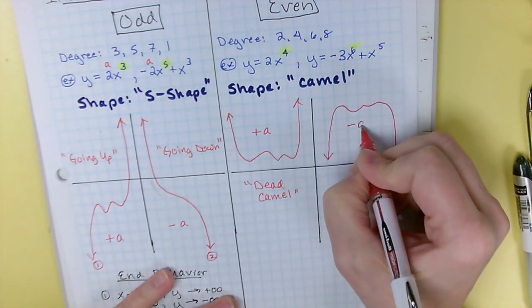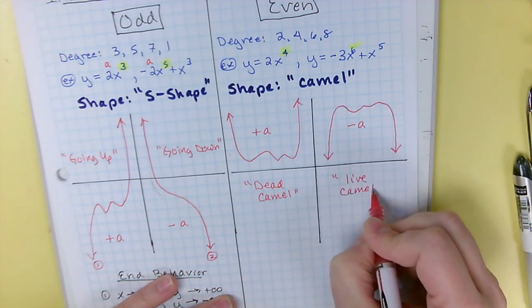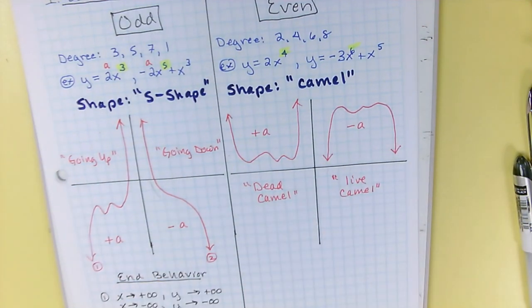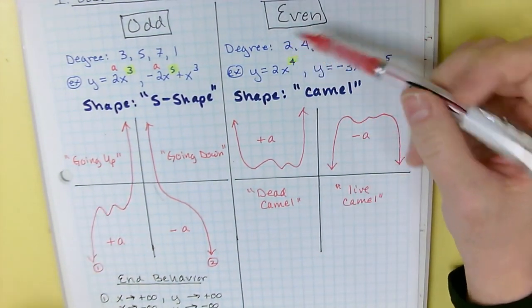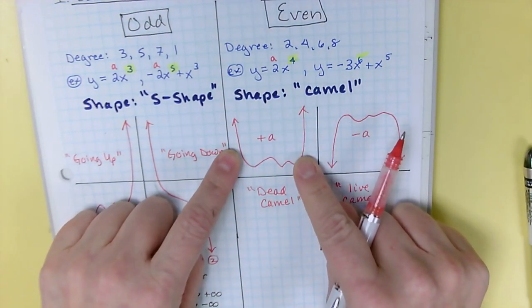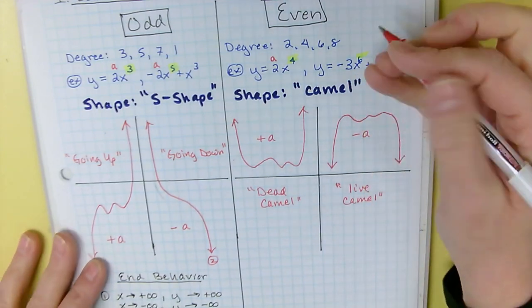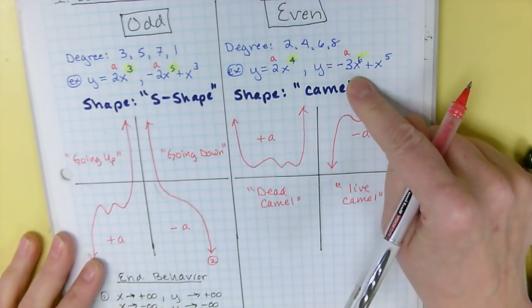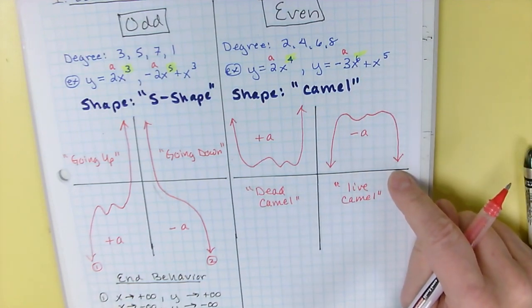If your A is negative, you have live camel, legs down. In the equation examples that I gave you, the A value for the first one is a positive 2, so that would be legs up, dead camel. On the second equation, the A value is the negative 3, which is attached to the x to the sixth, and that would be live camel, legs down.